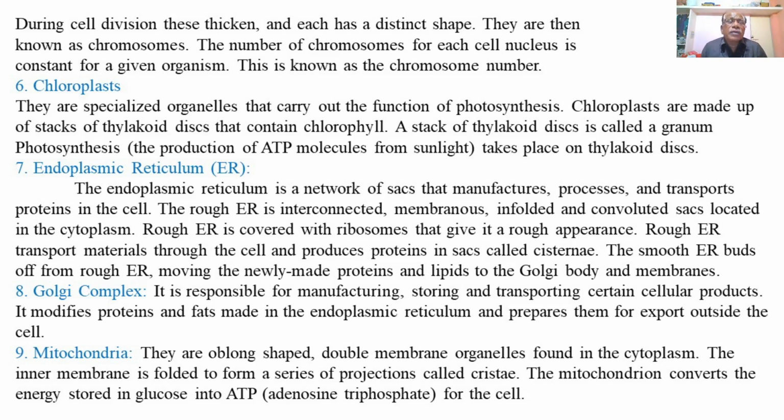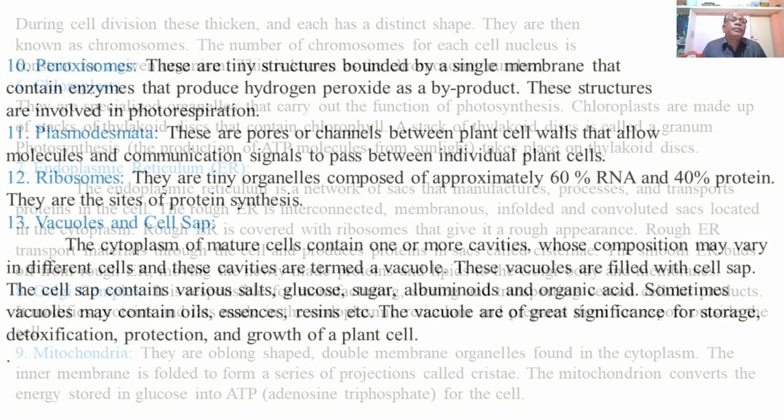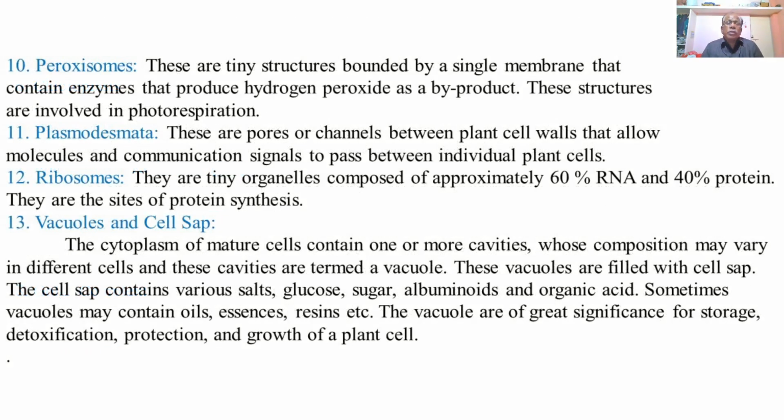So the mitochondria convert energy stored in the glucose and transform it into ATP, that is adenosine triphosphate, for the cell. So mitochondria provide energy to the cell and thus are called the powerhouse of the cell. Then peroxisomes, these are tiny structures bounded by a single membrane that contain enzymes that produce hydrogen peroxide as a byproduct, and these structures are involved in photorespiration.